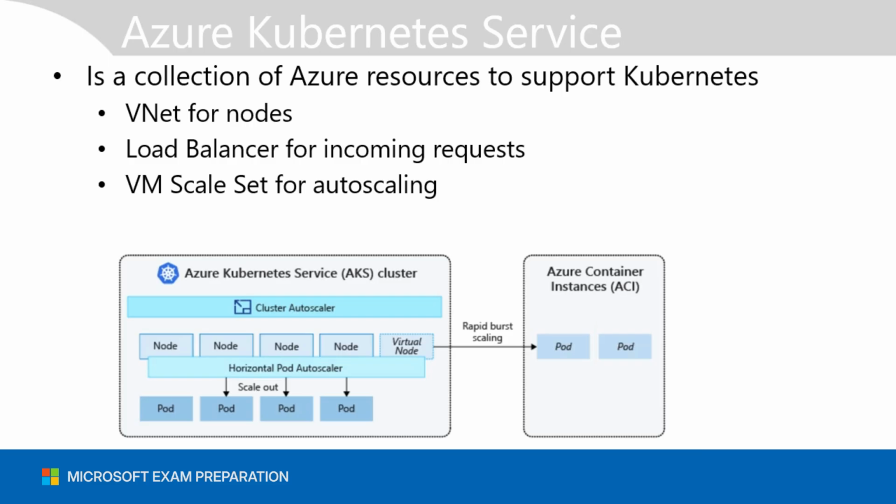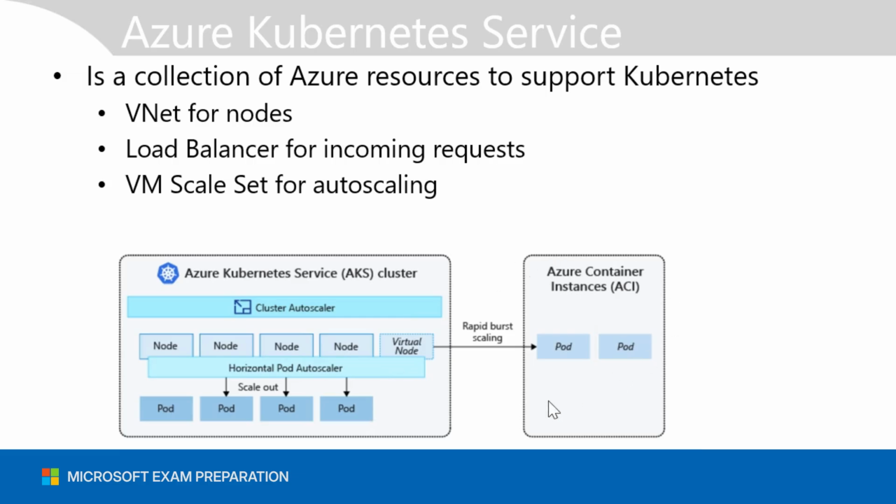Kubernetes, or AKS, has a built-in pod autoscaler, so it knows how to scale out instances of your pods. It also has a cluster autoscaler that adds nodes as needed. So one of the nice features of AKS is that it can scale your application automatically if you want it to. So as demand increases, it'll add pods until the node is full, and then it'll add nodes.